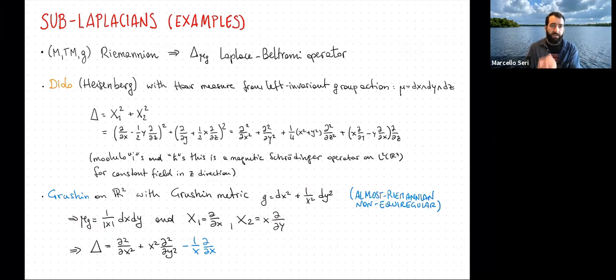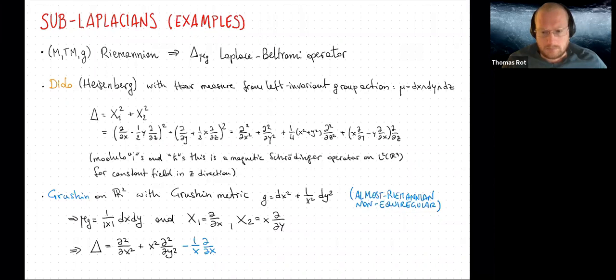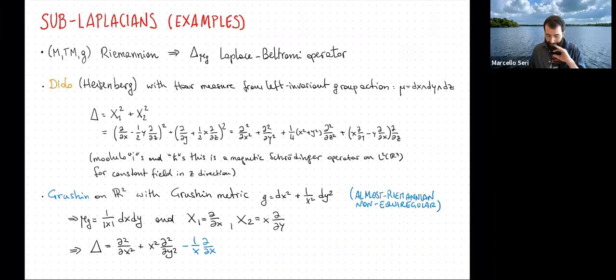You can see what happens. It's like 1 over the absolute value of x squared. It blows up when you get close to x equals 0. And the Laplace-Beltrami is somewhat standard in the first term, even though there is this horrible rescaling in x. But there is a first order term that is annoying, and it's blowing up as well. This is something that does not happen in the equiregular case.